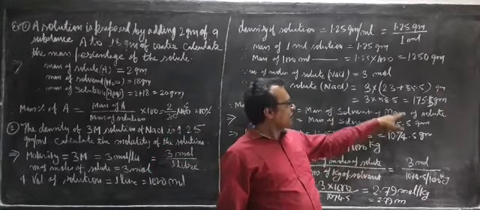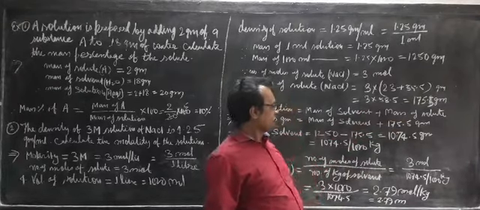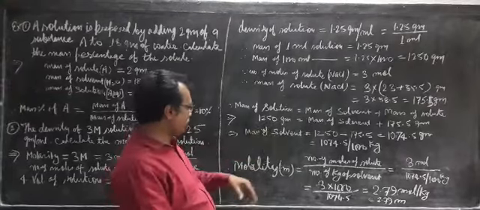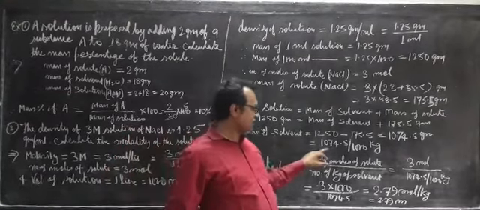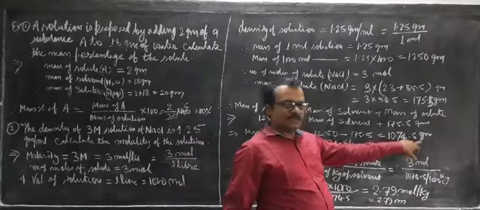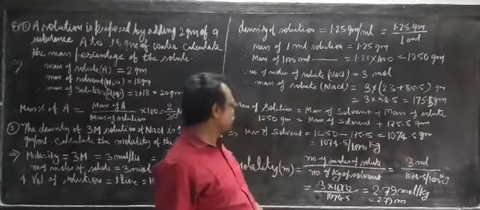Put in the values and rearrange it. You will get the mass of solvent as 1074.5 gram.